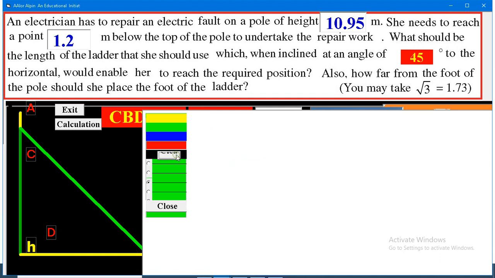no, let us clear it up. Let us draw the base first. These two sides should be equal, and then this side is the total length.